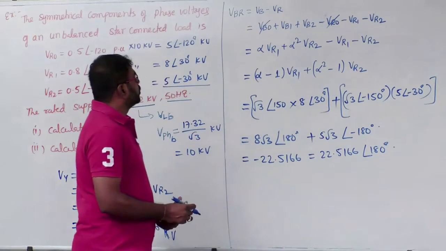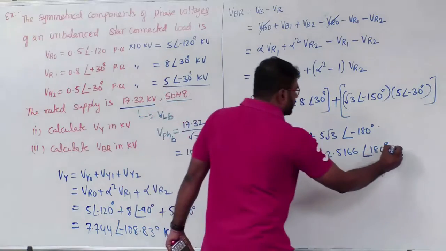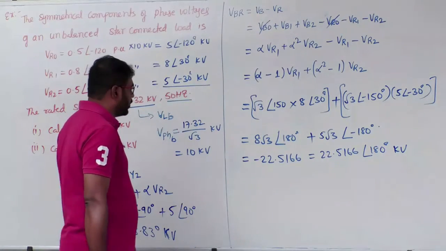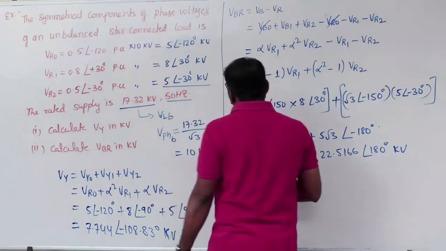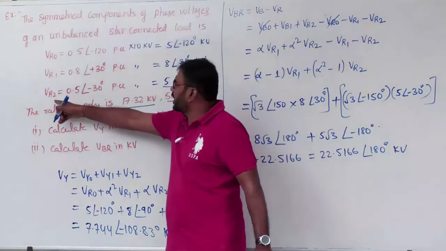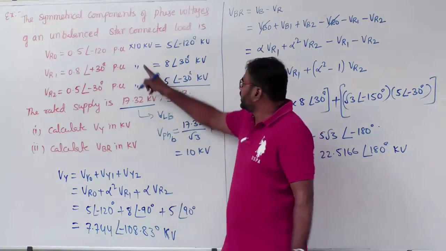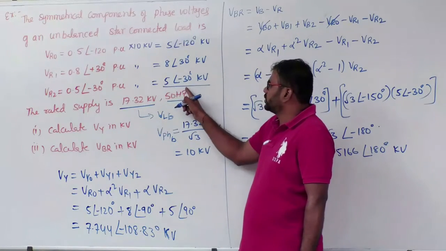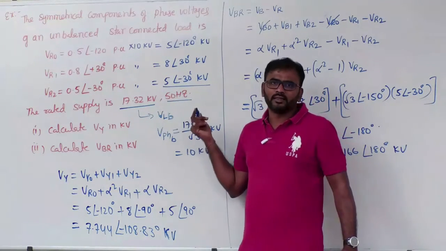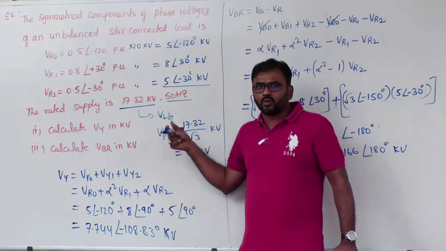That's about VBR in kV. So we have calculated Vy in kV and VBR in kV. One point I want to say here is, since VR0, VR1, VR2 are given in per unit, here itself we converted them into actuals, so that later we don't have any confusion with the root 3 multiplication and root 3 division.